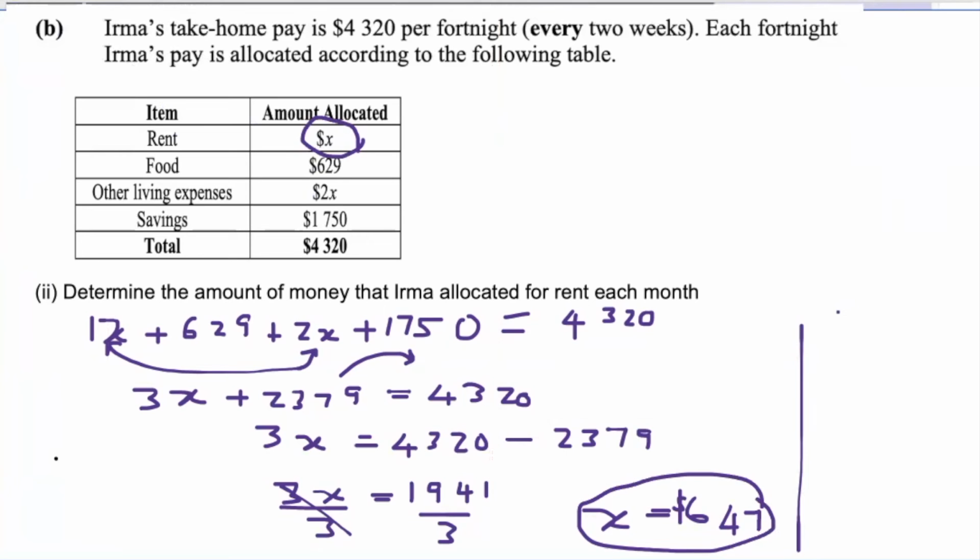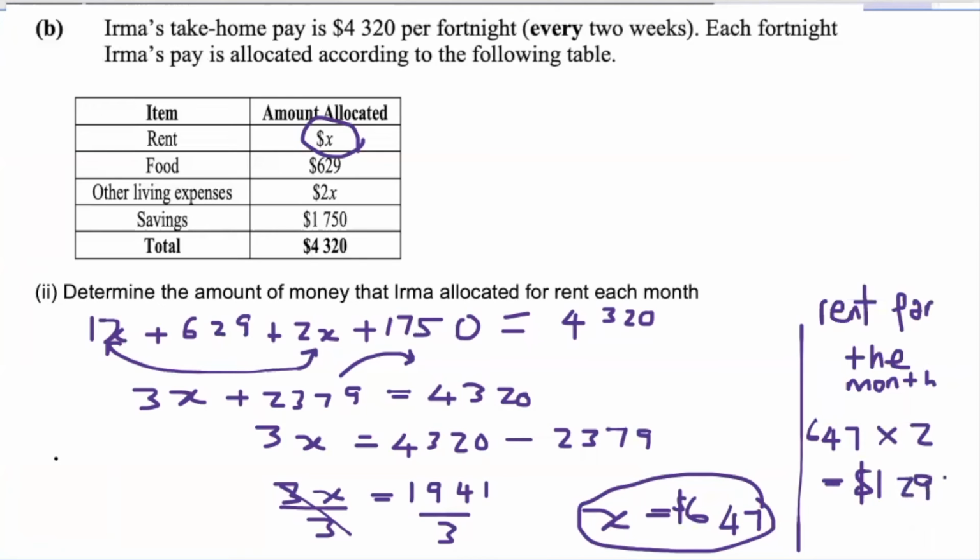So it means that she will be paying the $647 twice. So we have 2 fortnights in each month. So that means to find out the rent for the month, it's $647 times 2, and that will give us $1,294.